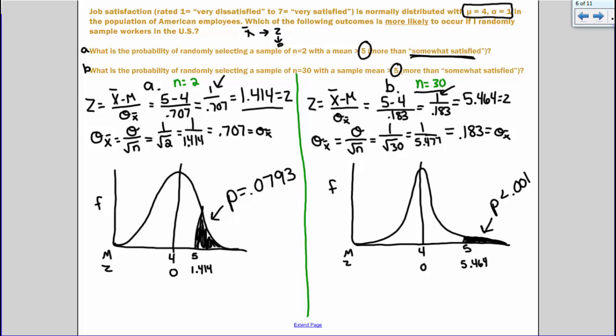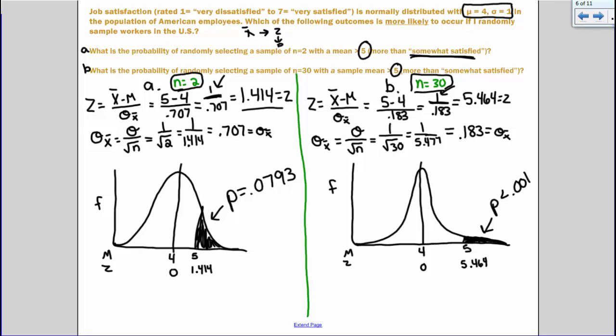So you think about it. You expect larger samples to be more representative of the population, so you would be expecting less likelihood of getting any kind of mean difference compared to a smaller sample, which is less representative of the population, and you would be expecting more of a mean difference because your sample is less representative of the population.